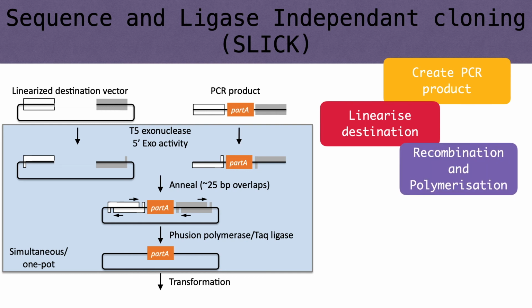Now the next step is recombination and polymerization. First, we have to recombine our PCR product, the PCR product for the gene of interest, into the linearized vector. Then we have to do the polymerization. For the polymerization, we can use either Phusion polymerase or T4 phage DNA polymerase, because both of them have 3' to 5' exonuclease proofreading activity.